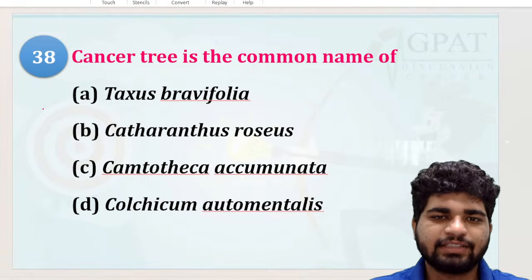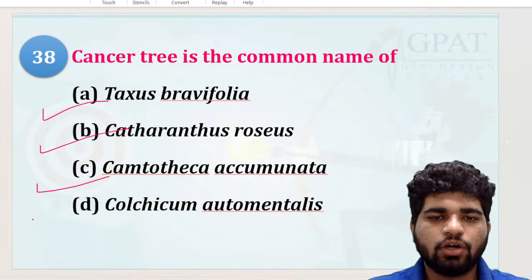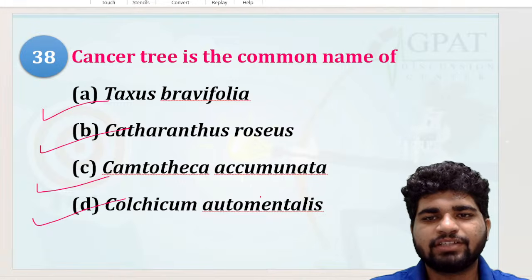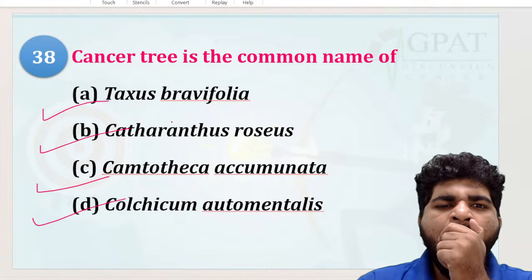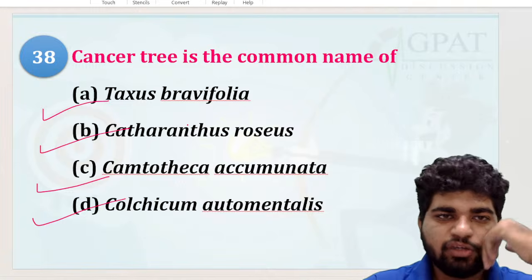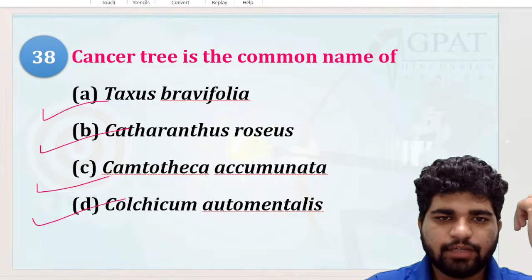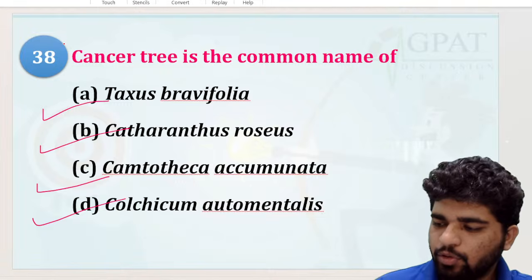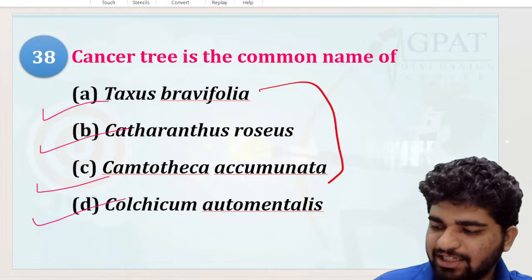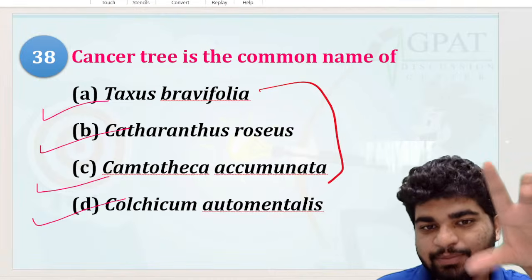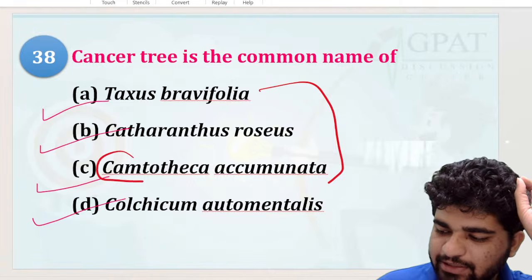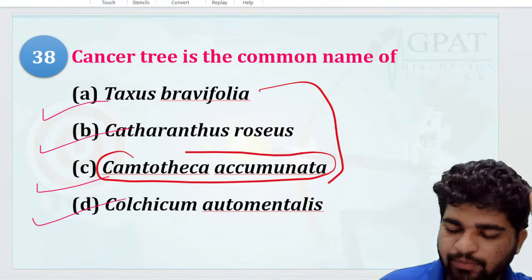Cancer tree is the common name of Taxus brevifolia, Catharanthus roseus, Camptotheca acuminata, or Colchicum autumnale? We can say all these three are your cancer trees, but the actual common name is Camptotheca acuminata.